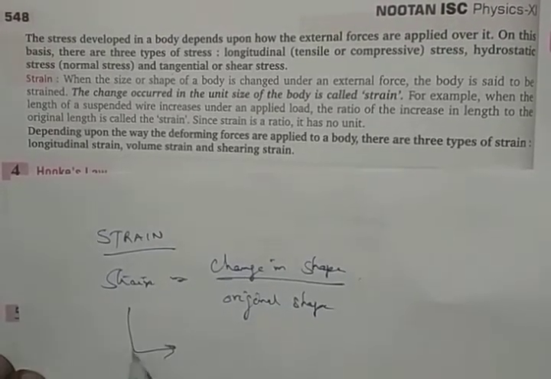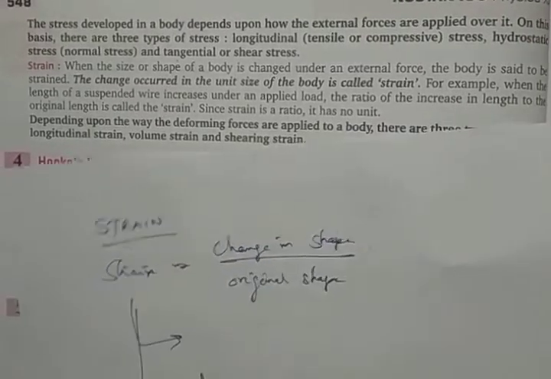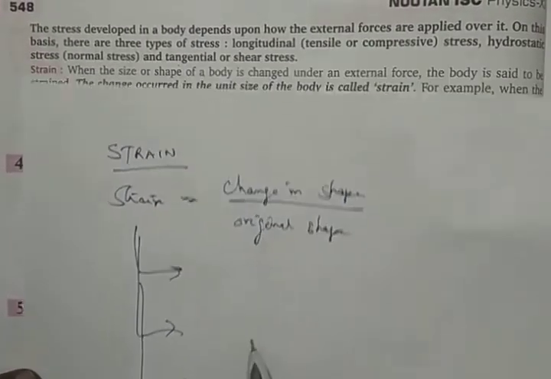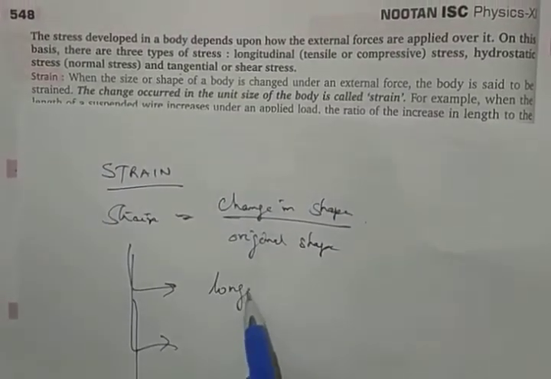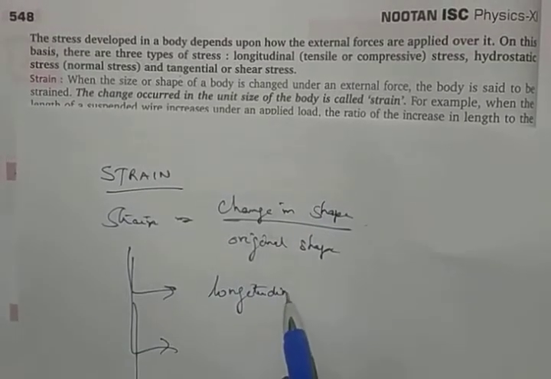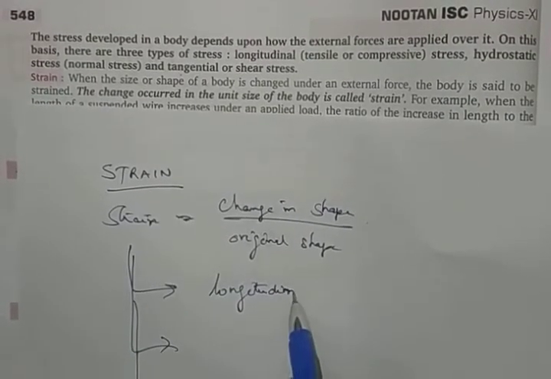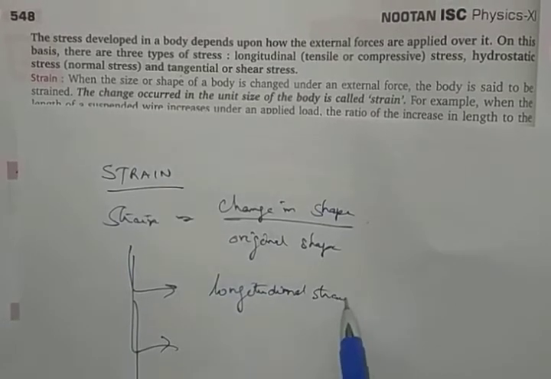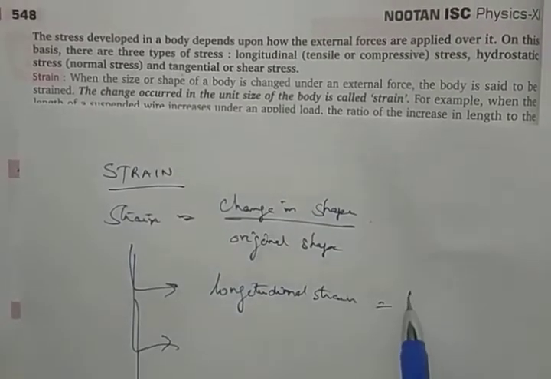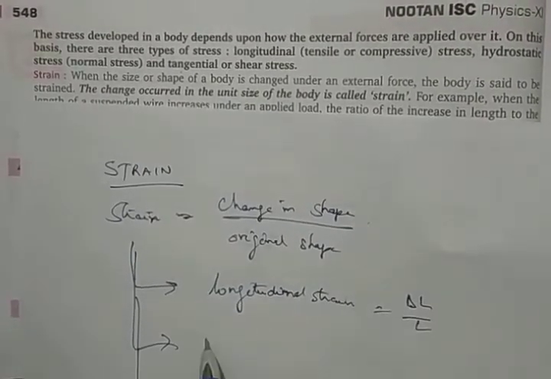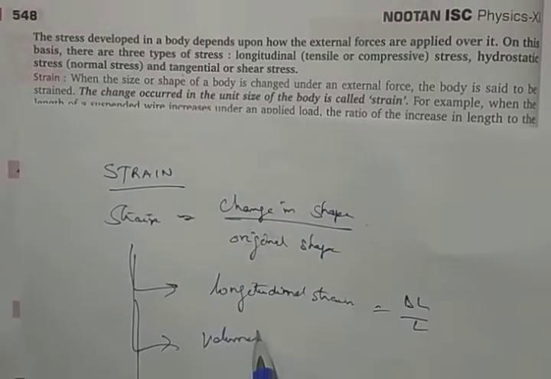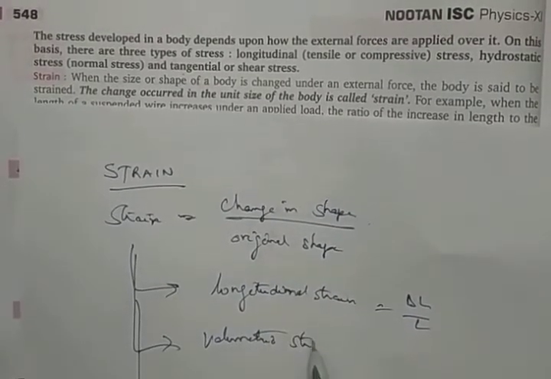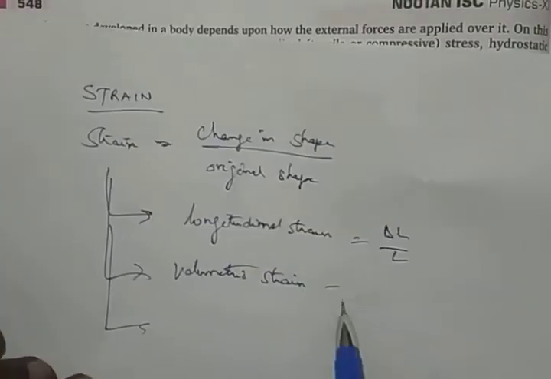So strain can be of three varieties. One is called longitudinal strain. What is longitudinal strain? It is the change in length upon original length. Volumetric strain: what is volumetric strain?